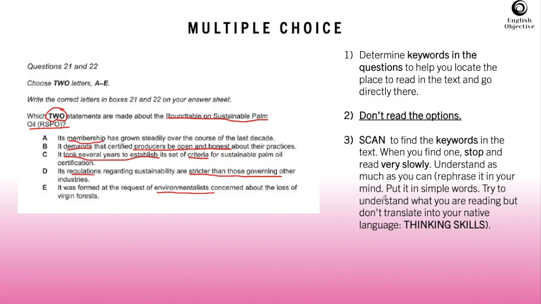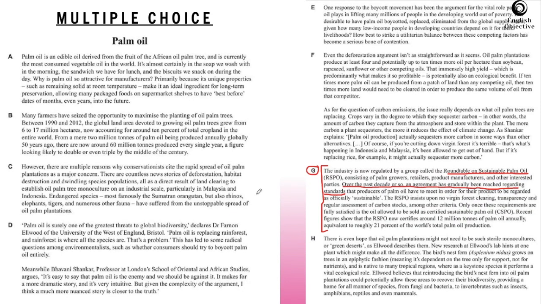So if we go back to the options and we read that carefully, as we said, C is speaking about the time that it took to create this agreement and these standards. Let's continue reading.